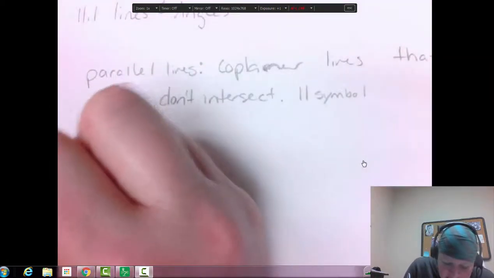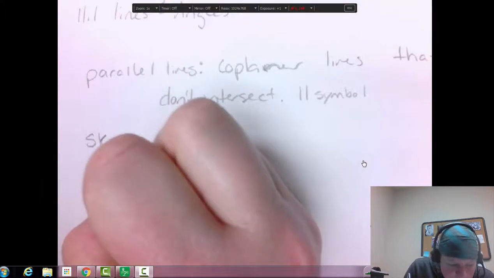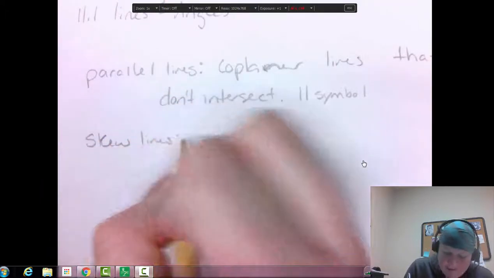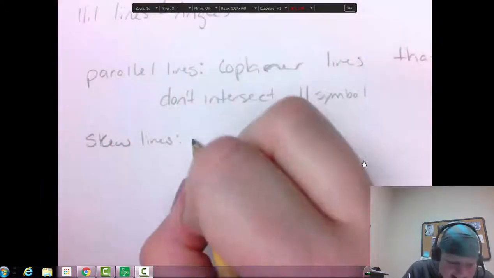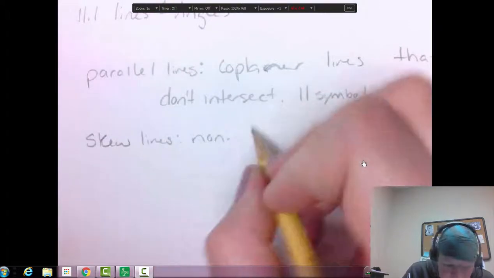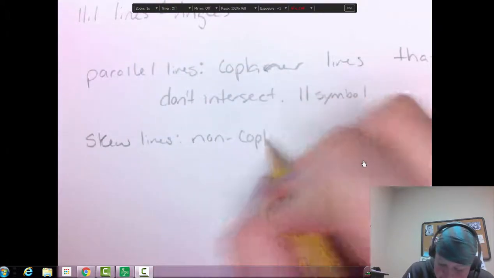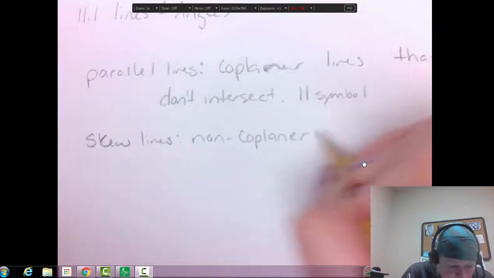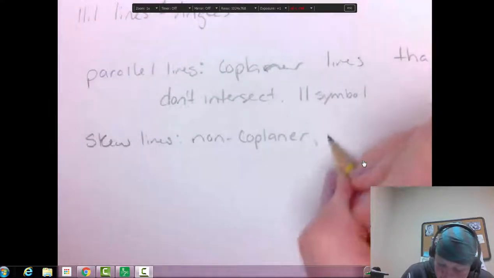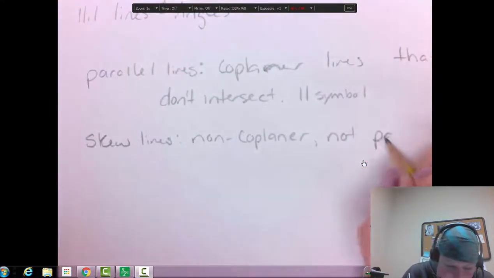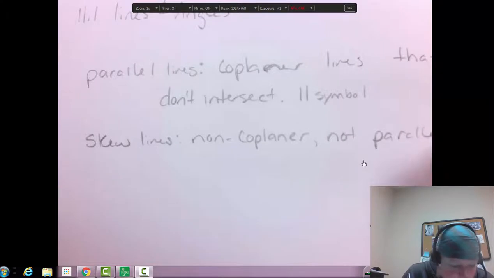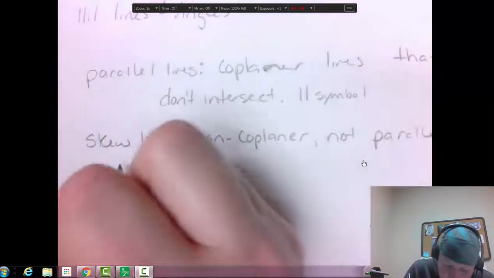The next one is skew lines. Skew lines are kind of the opposite of parallel, but they're non-coplanar, and they're not parallel, and they do not intersect.